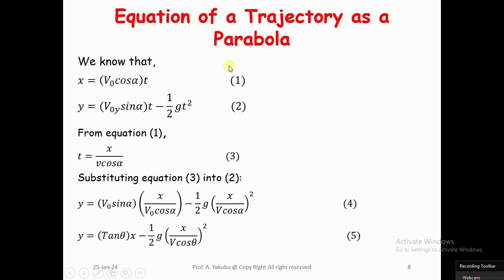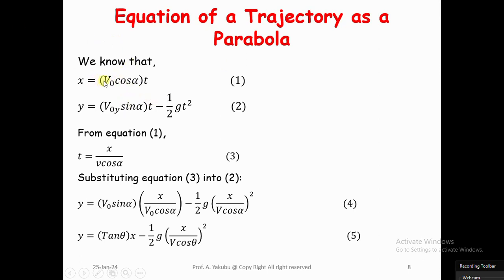The equation of a trajectory is just to prove that the trajectory itself is a parabola, and we all know that the equation for a parabola is simply y equals m1 x minus m2 x squared, where the m's are positive constants. So let us look at the equation.